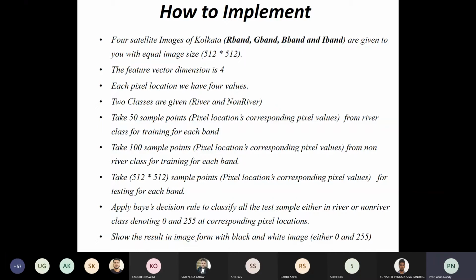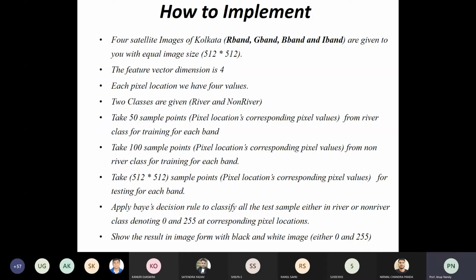The prior probability capital Pi will be given to you. Small pi, the class conditional probability density function, will also be given to you. For the present moment, you can assume that small pi is a multivariate Gaussian.